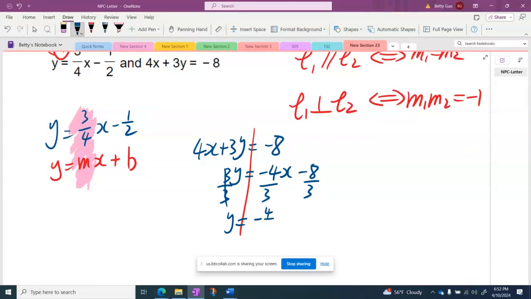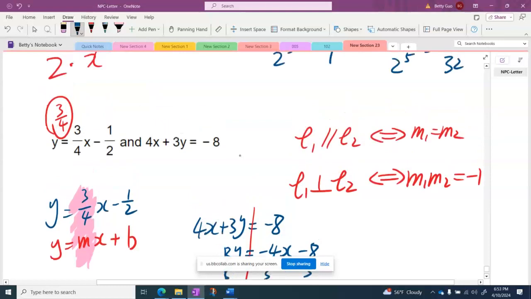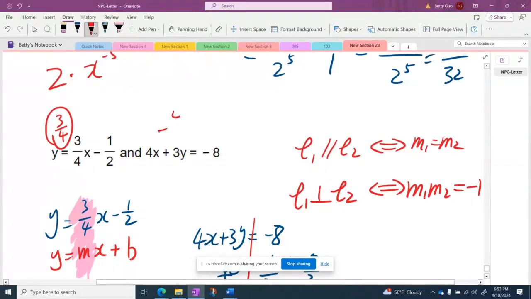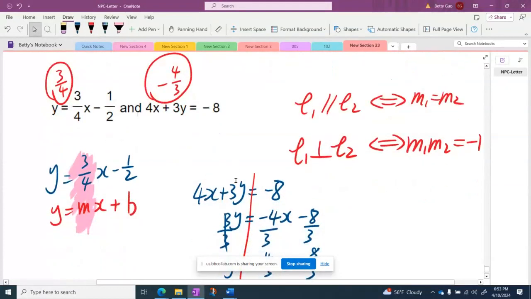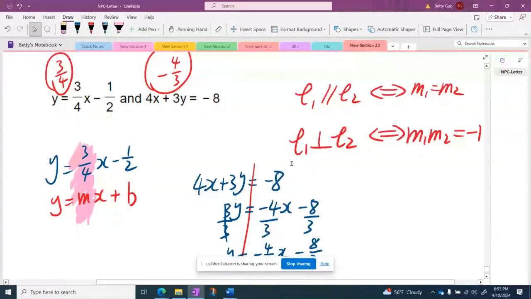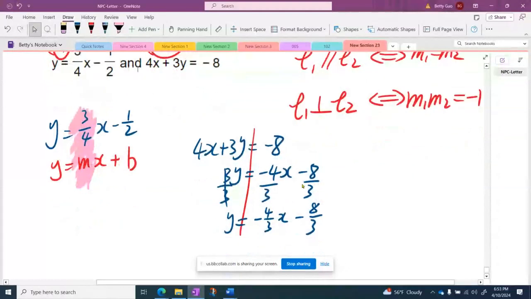On the right side, we have -4 over 3 x minus 8 over 3. So the slope of the second straight line is -4 over 3. Sometimes I even use both methods just to make sure the answer is correct.